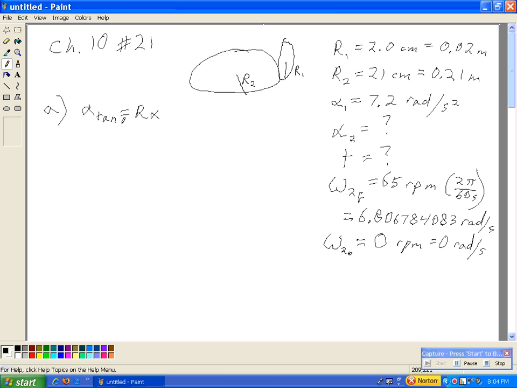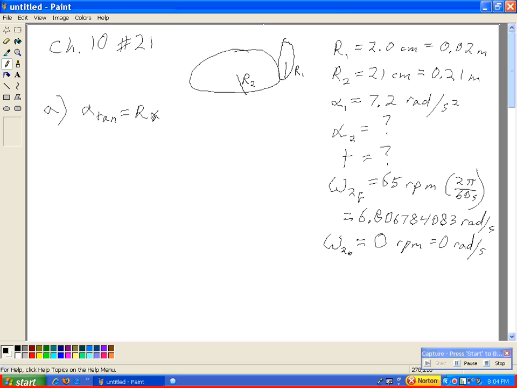The reason I'm looking at tangential acceleration is if I find out just how fast the acceleration is at the rim of the small wheel, that will be the exact same number as the acceleration at the rim of the outside wheel. The tangential acceleration will be the same.